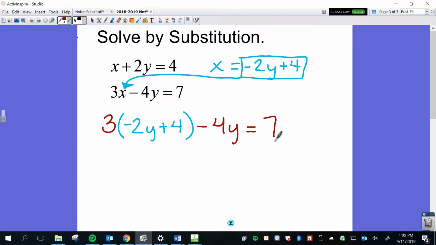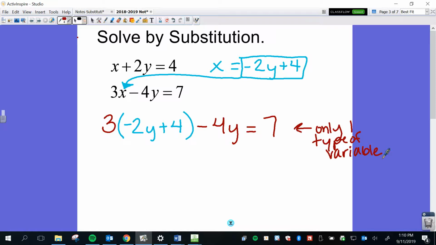Now you want to check. This equation right here should have only one type of variable. I'm writing that in words because that's important. If you have x's and y's in this equation, then you did something wrong. It should only have y's. Do you know why we need only one kind of variable?